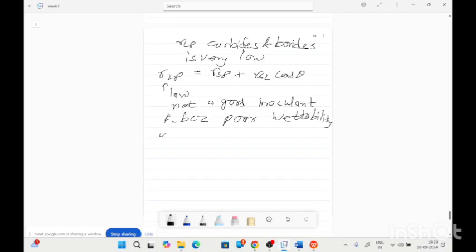And it also does not provide low disregistry between the planes of the particle and the alpha aluminum nuclei.